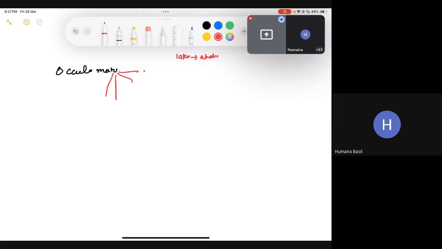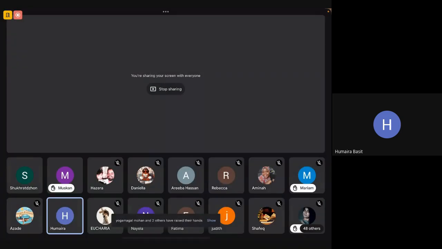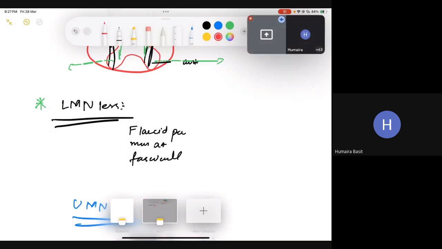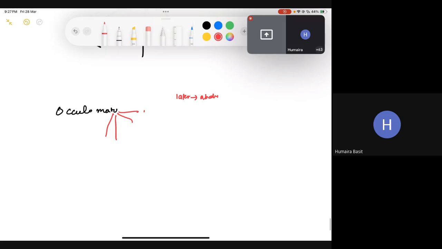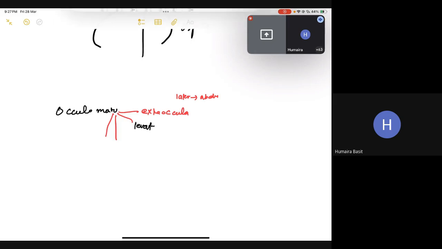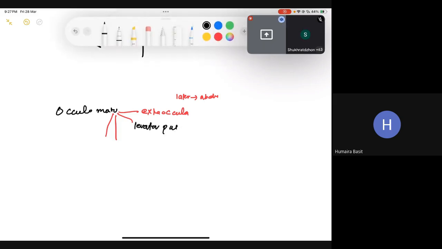Dr. Humera, can you please tell us the muscles which the oculomotor nerve supplies? It supplies the extraocular muscles, as well as the levator palpebrae superioris, the pupillary sphincter, and the ciliary muscles, which are important for your accommodation reflex.